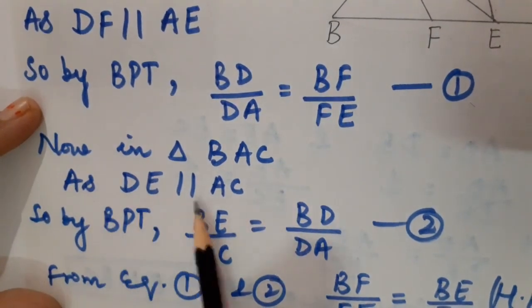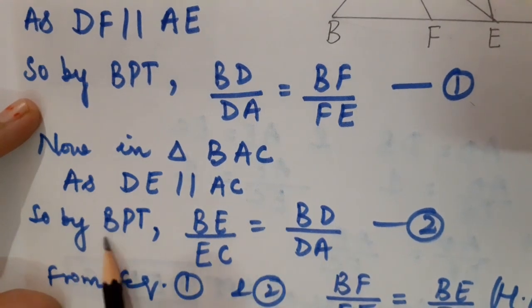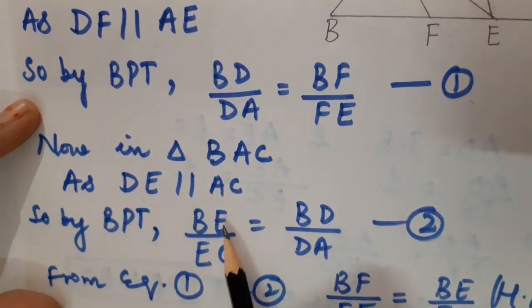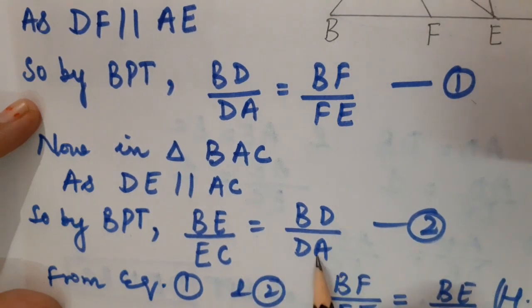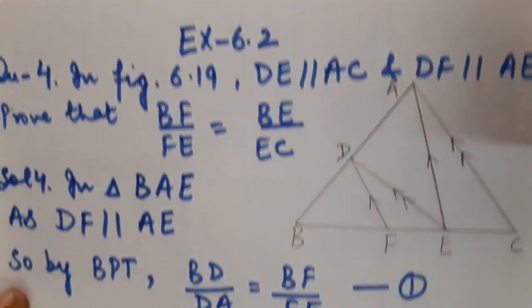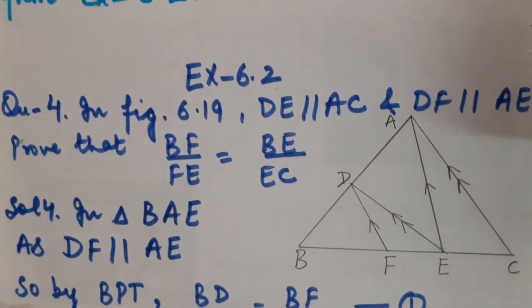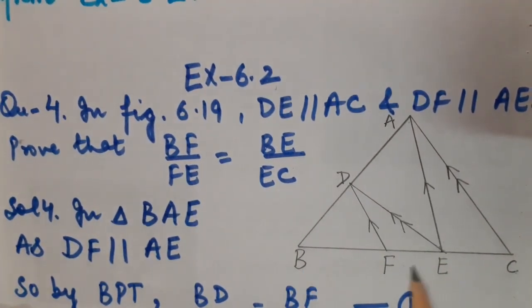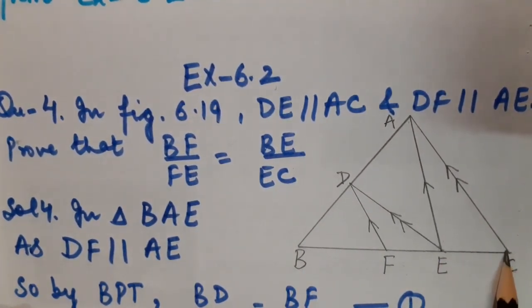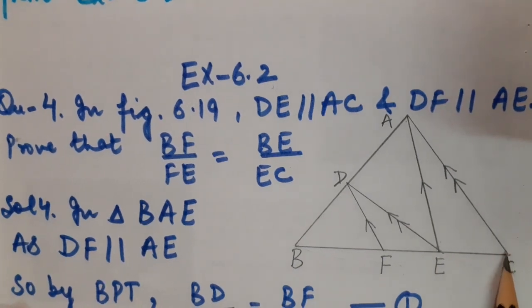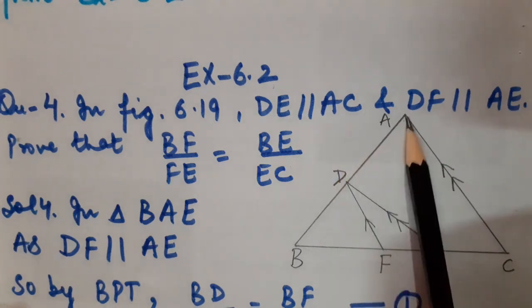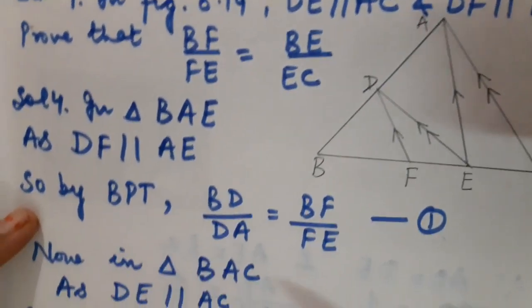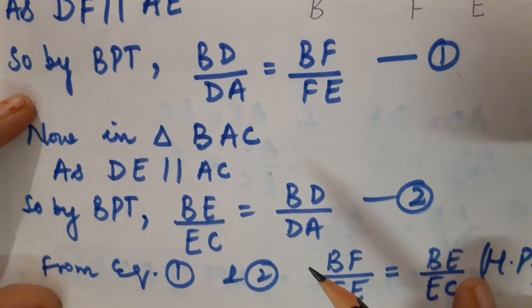As DE is parallel to AC, by the basic proportionality theorem, we can say that BE upon EC must be equal to BD upon DA. Let us check it on the basis of the diagram. It should be BE upon EC, which is the requirement actually. This must be equal to BD upon DA. Correct? So let us consider it as equation number 2.